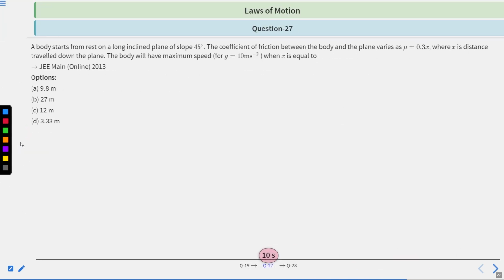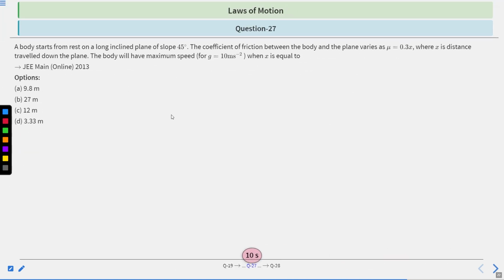Next question 27. A body starts from rest on a long inclined plane of slope 45 degree. The coefficient of friction between the body and the plane varies as mu equal to 0.3x, where x is the distance traveled down the plane.